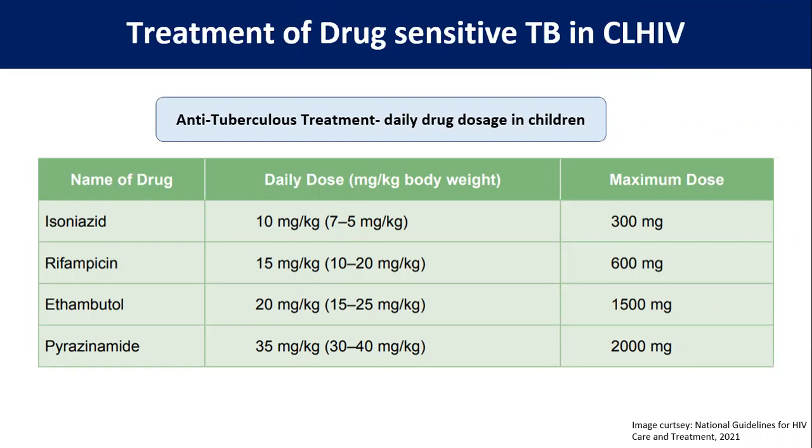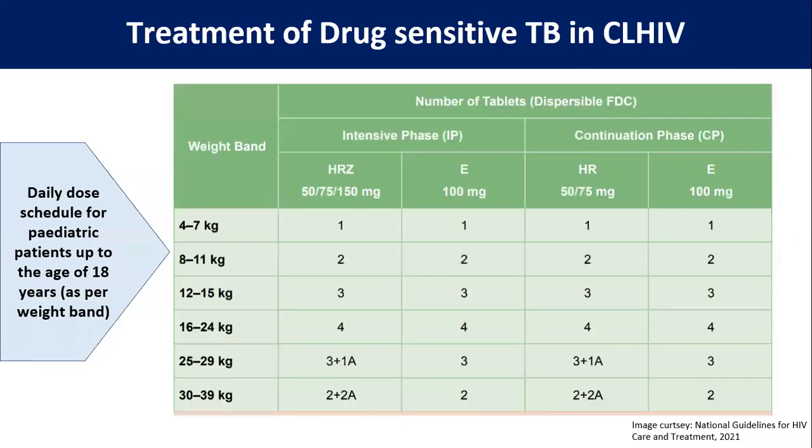We only have adult 4 FDCs and 3 FDCs. So older children, say for example 15 or 16 years, but below 18 years, can be dispensed ATT from the ART center. And for all the young CLHIV, we need to refer them to the DTC.